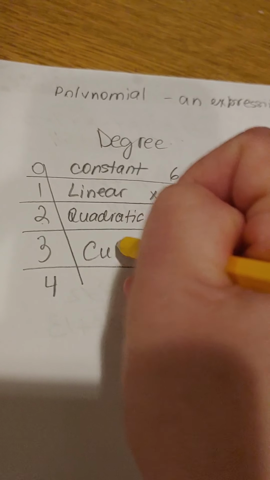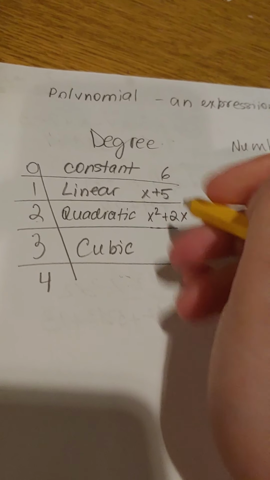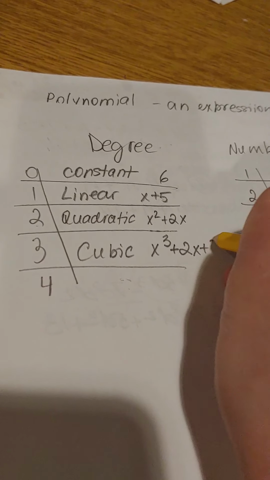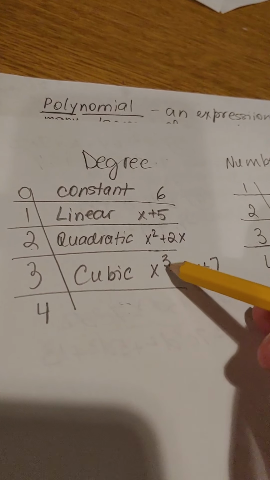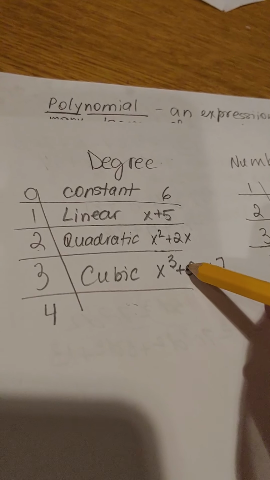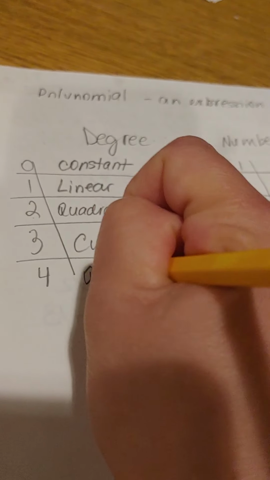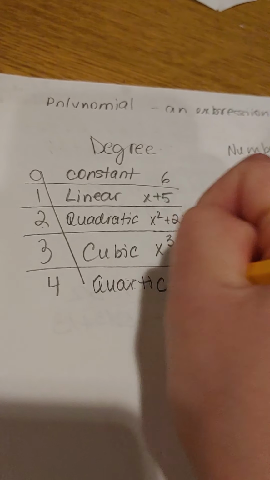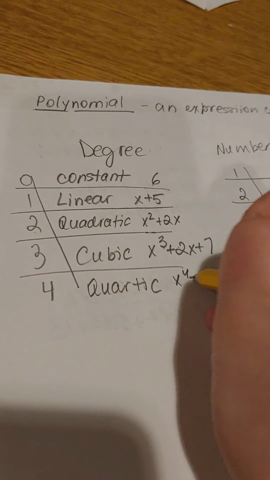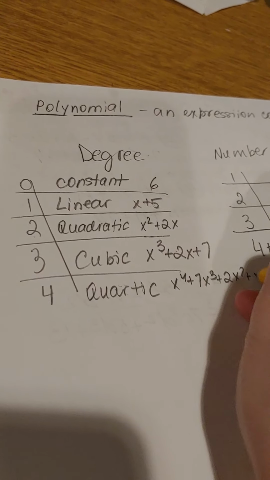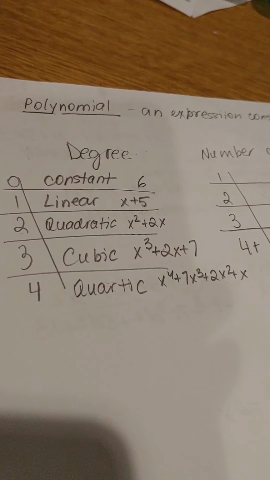The third degree is called cubic, when something is cubed. X to the third power plus 2x plus 7. The highest power is 3, so this polynomial is cubic. The fourth degree polynomial is called quartic. X to the fourth plus 7x to the third plus 2x squared plus x would be an example of that.